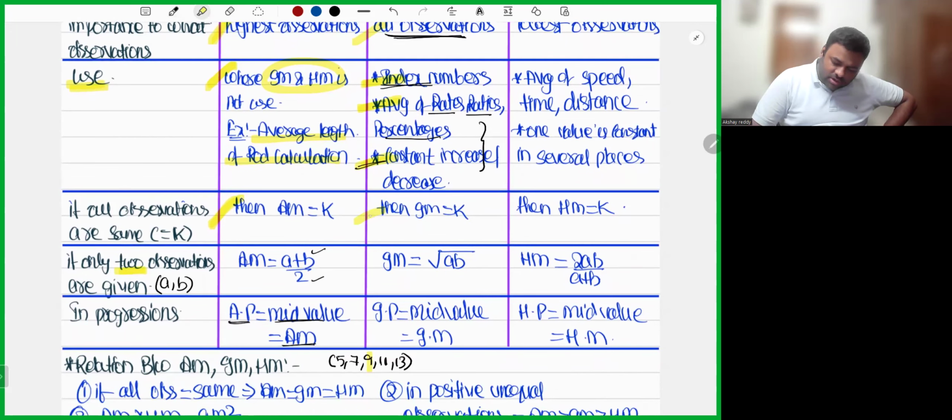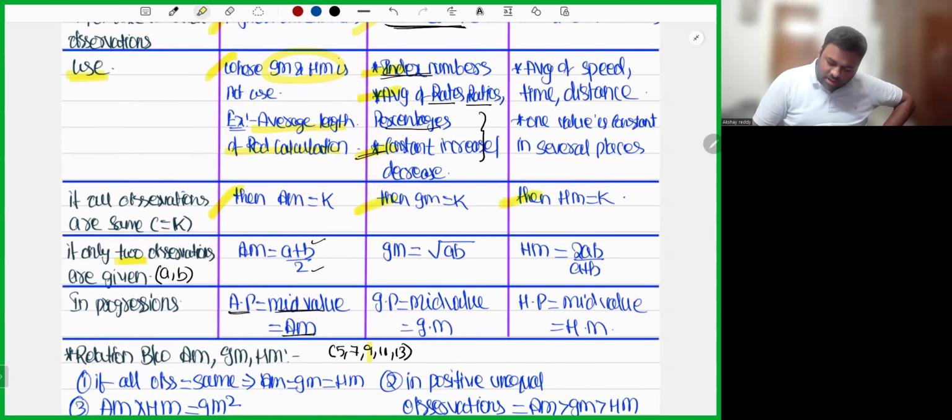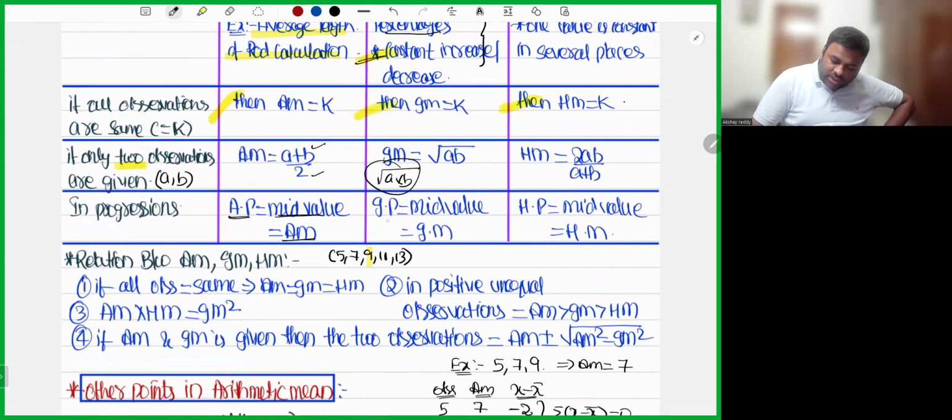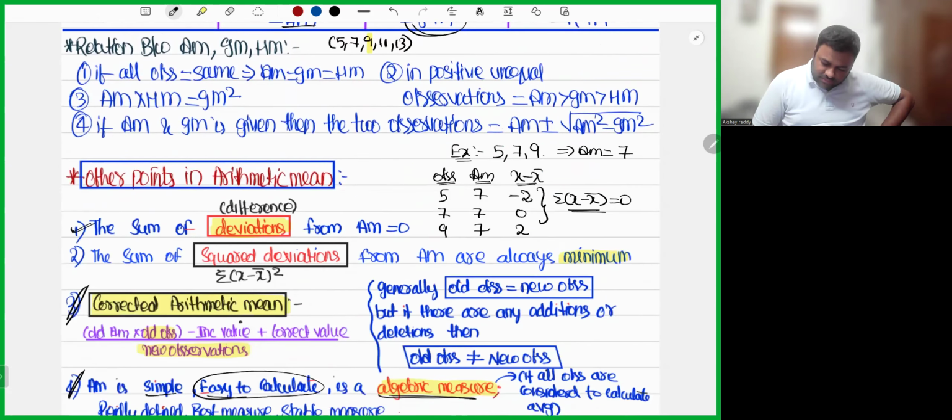If all observations are constant, GM and HM are constant. If only 2 observations are given, the geometric mean is the square root of A into B. In geometric progression, the mid value will be your geometric mean.